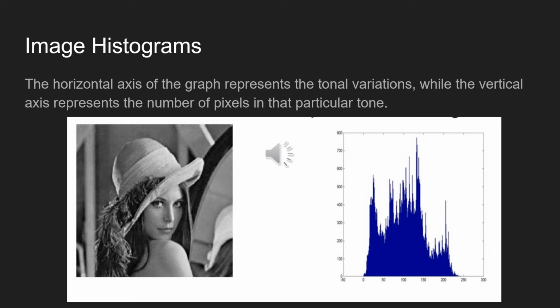Most of the image enhancement techniques nowadays require the help of image histograms. An image histogram tells you about the probability of finding a particular intensity value. In this slide, we can see that on the x-axis we have the intensity values, and on the y-axis we can see the frequency of occurrence of that particular intensity value.